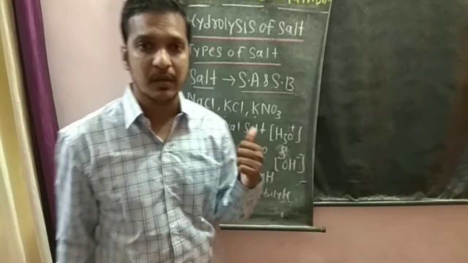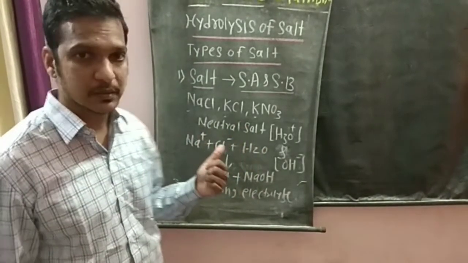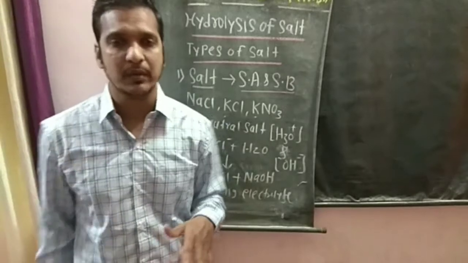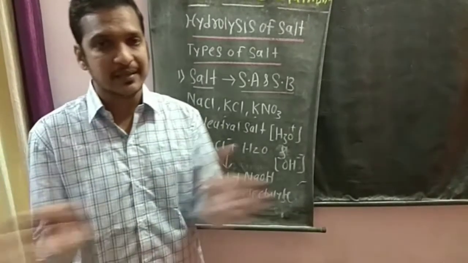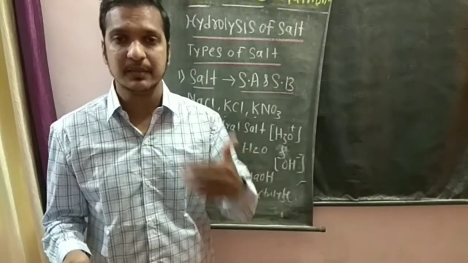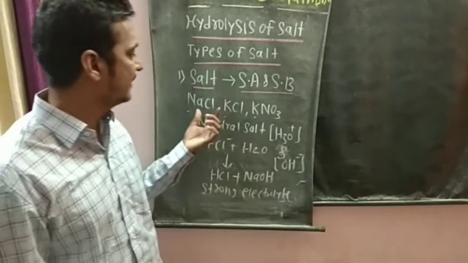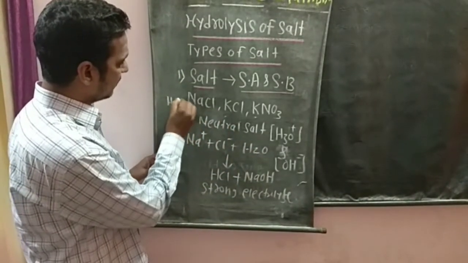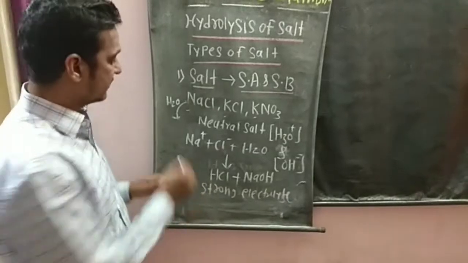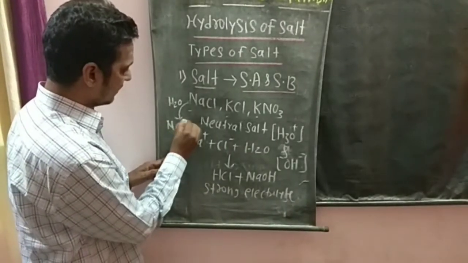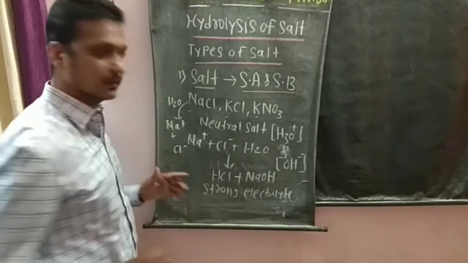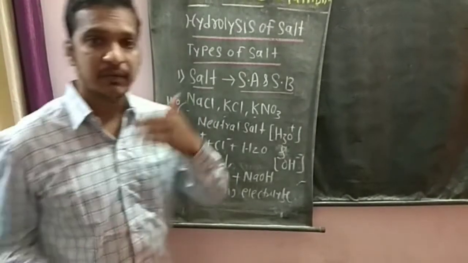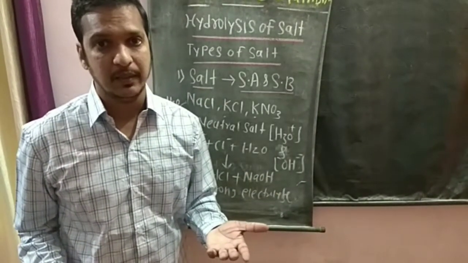So that is why they are called neutral salts, because when NaCl, KCl, KNO3 dissolve in water, the water breaks the salt into ions such as Na plus and Cl minus. But these ions do not react further with water.